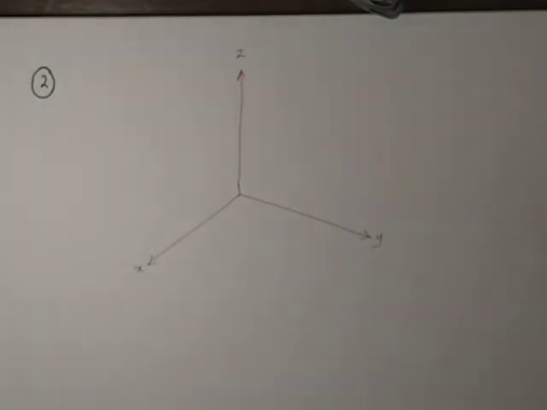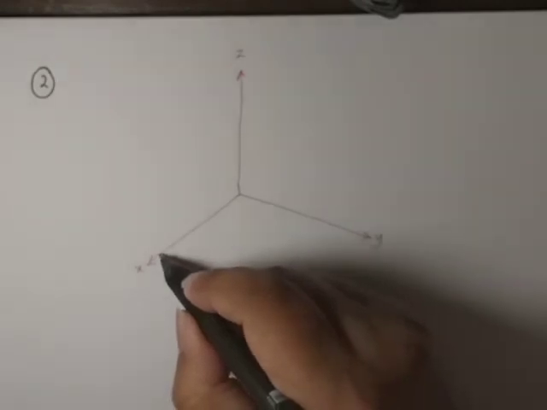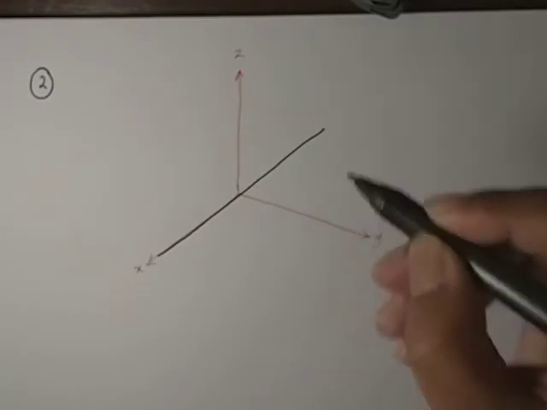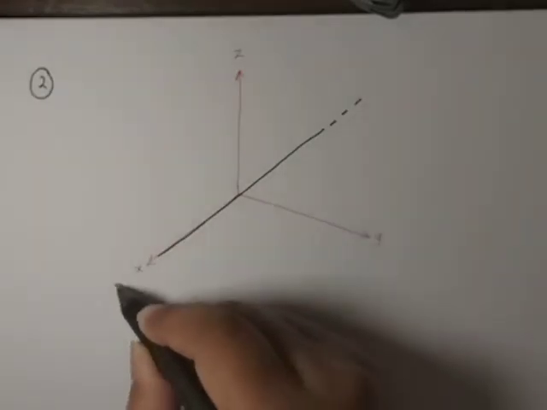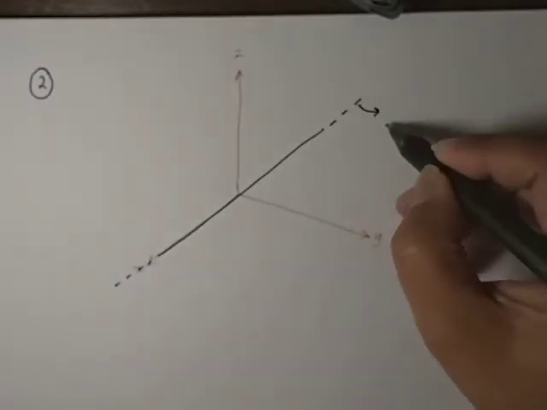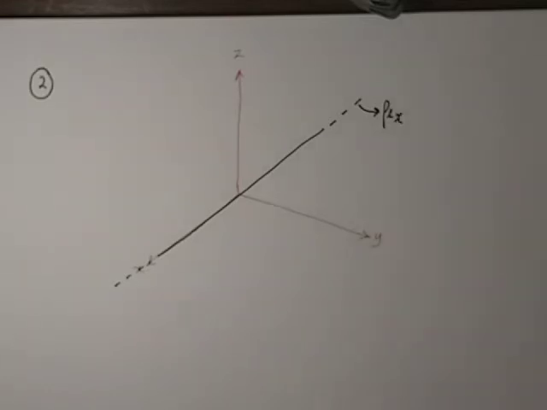Okay, the first line charge along the x-axis, I'm going to draw in black color. So this should be representing my first line charge. Since it's infinite, I'm going to add the dotted line. I'm going to call it rho L x now.